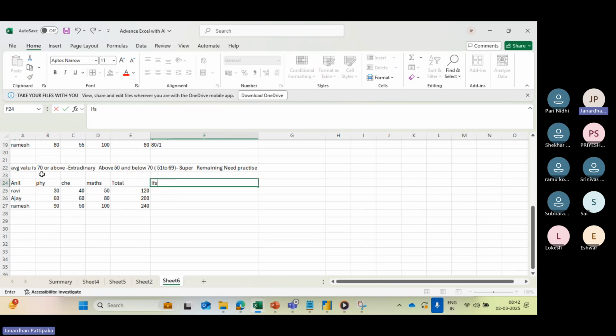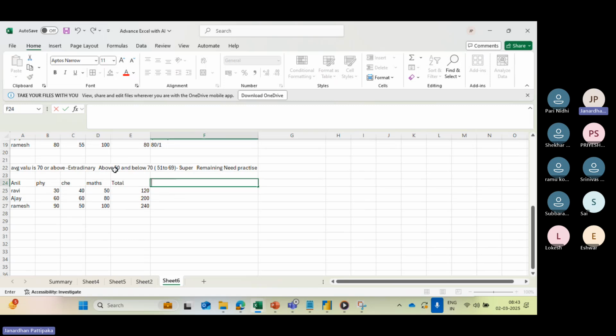I want to find the average value. Already this is the average value; you are getting the average value here. But I'm not asking to find the average again. So if the average value is 70, I already have the averages. Calculating the total is not required, but I'm using the if condition.